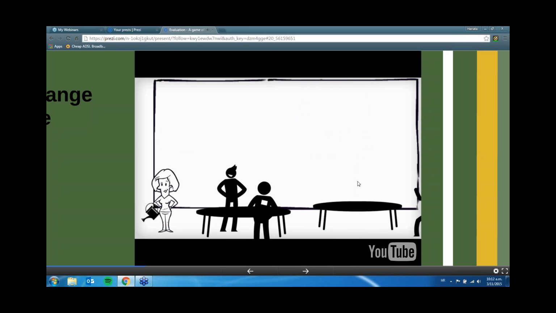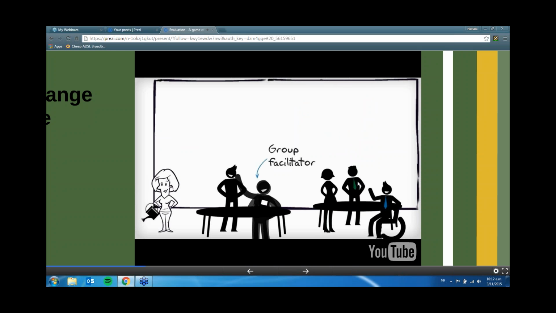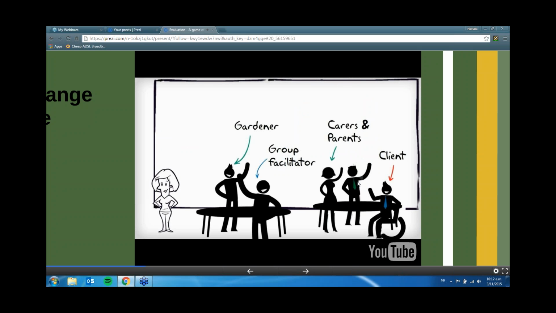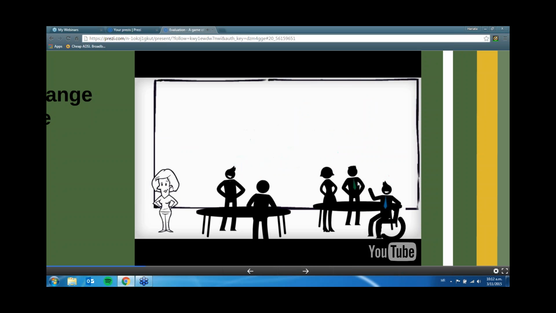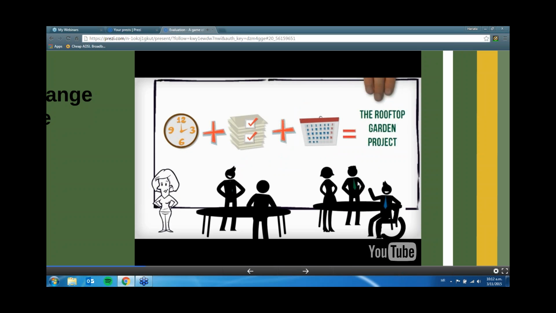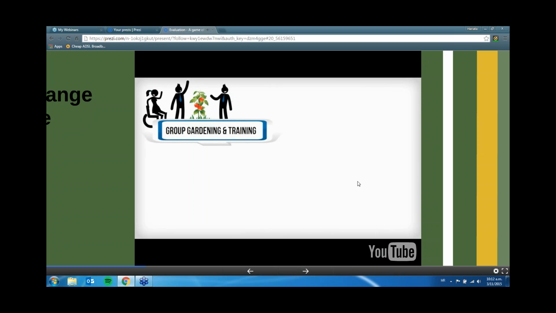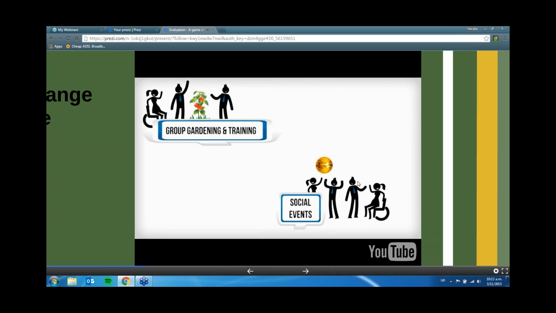Get some staff, some trustees, some primary and even some secondary beneficiaries involved if possible. For Teresa, that means getting group facilitators, gardeners, clients, carers, and parents to come to her workshop. The first thing to do is to get down what the Rooftop Garden Project does on a daily, weekly, and monthly basis that contributes directly to their mission. For the Rooftop Garden Project, these activities are group gardening and training with clients, and social events with clients.